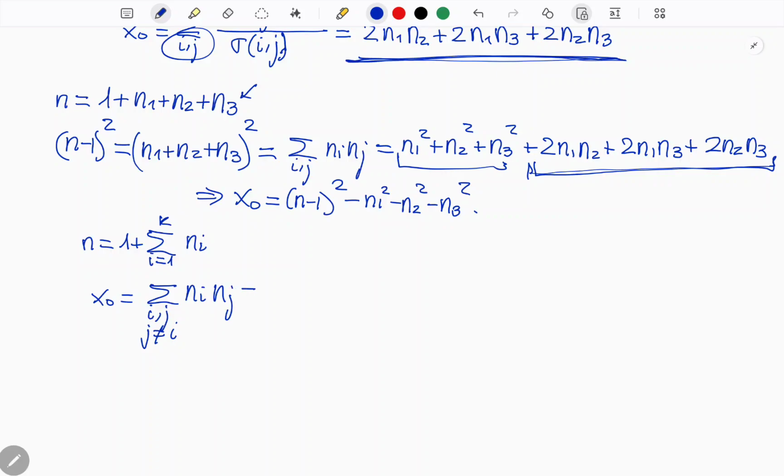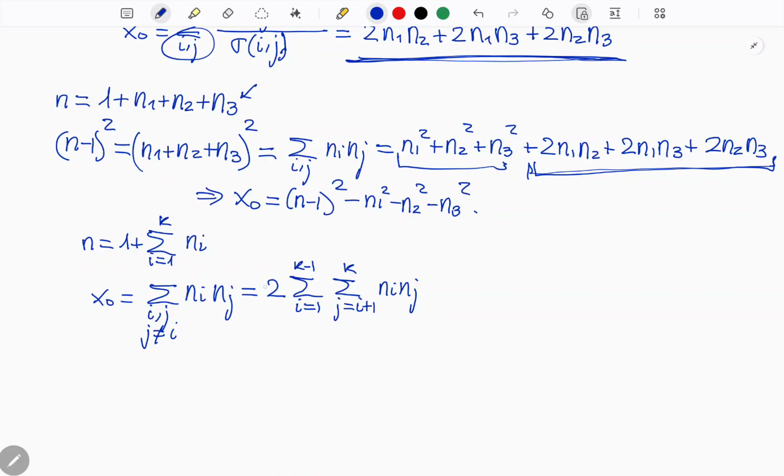Okay, if I do it like this, or if I want to specify, then it's going to be from i equal to 1 to k, and the summatory from j equal to i plus 1 to k. Okay, this is 2k minus 1, of ni nj.